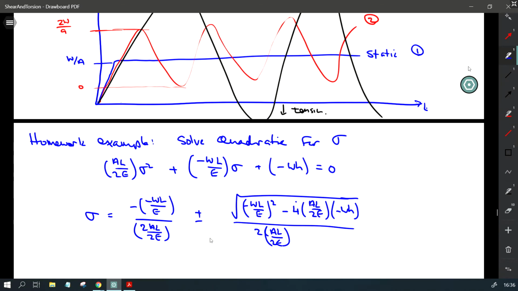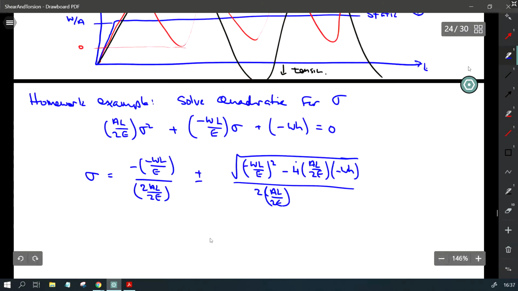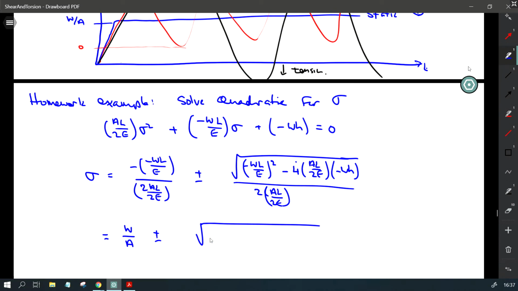So you can work those out. You can simplify those equations quite a bit. That would actually simplify down to, the first bit, the 2 goes, so it's W over A, plus or minus. You can't do much more with that, I don't think, so you probably leave that as it was.